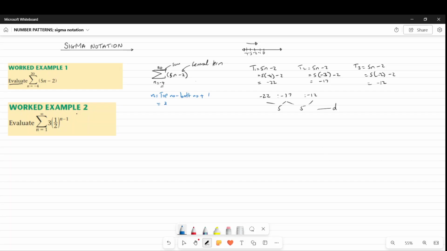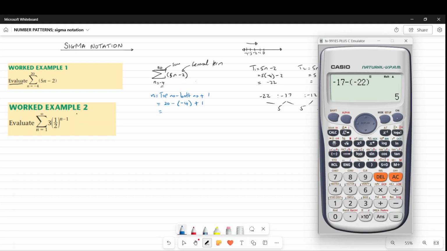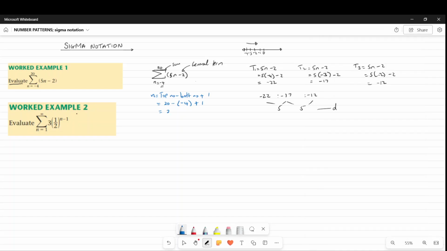So the top number is 20 minus open bracket -4 close bracket plus 1. Let's get this. You will have 20 minus open bracket -4 close bracket plus 1, which is going to give us 25. So there are 25 terms over here. Your n is 25.